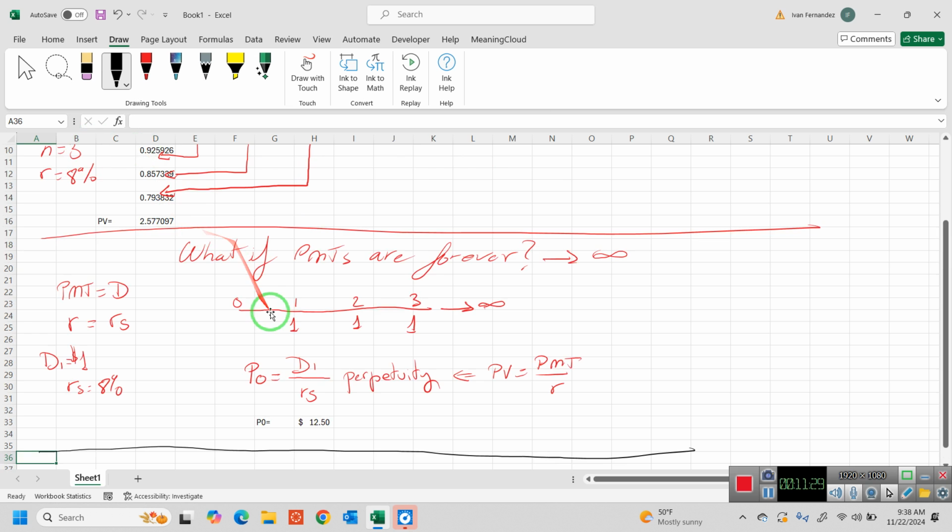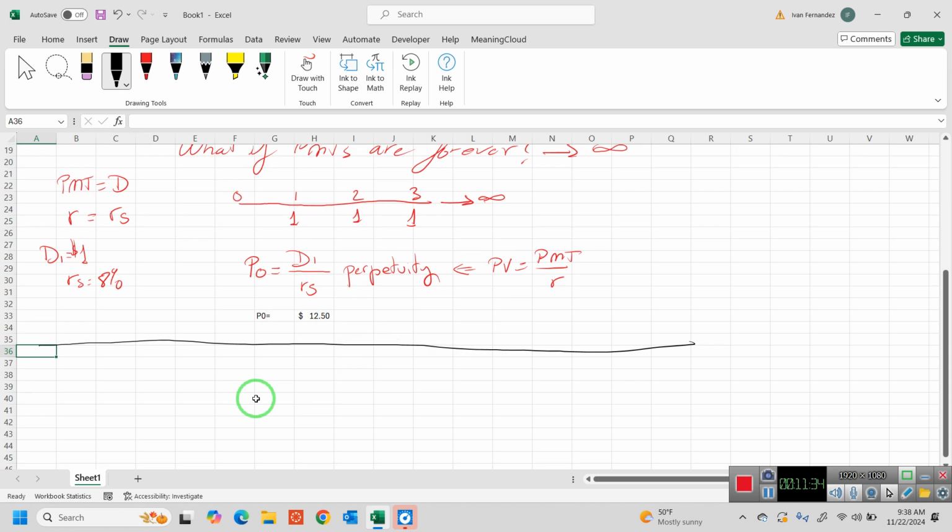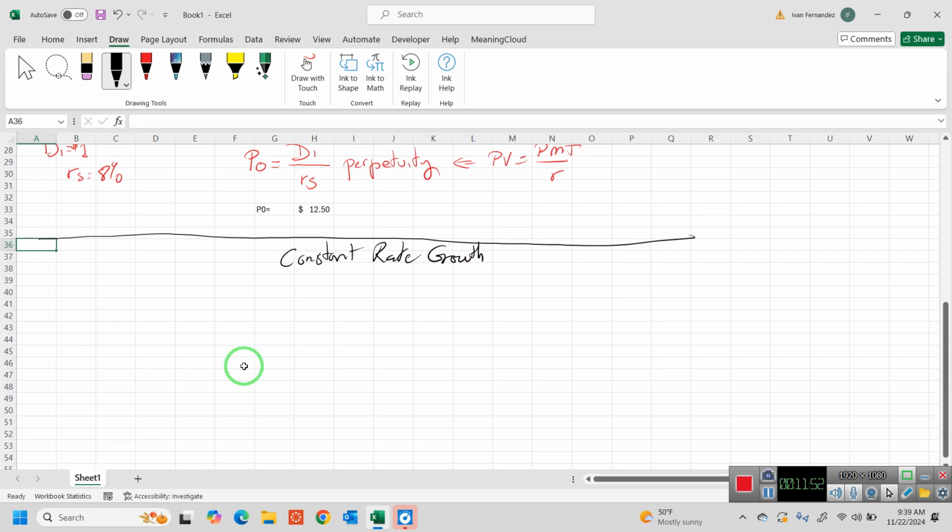So instead of being $1, $1, $1 forever, it starts at some level and it grows forever at a constant rate, okay? Constant rate growth, all right? So we're going to do our line.